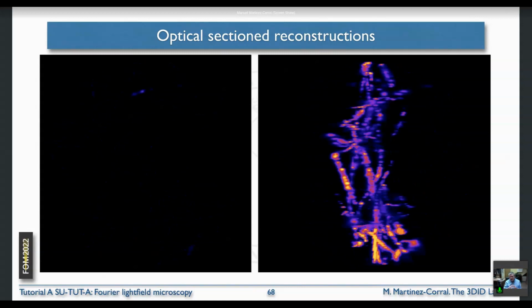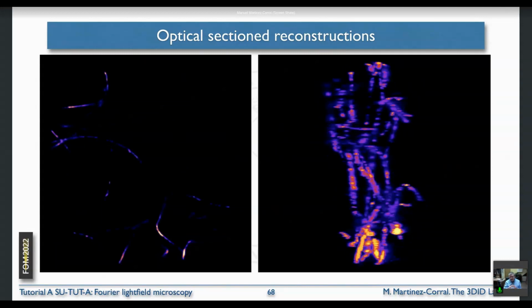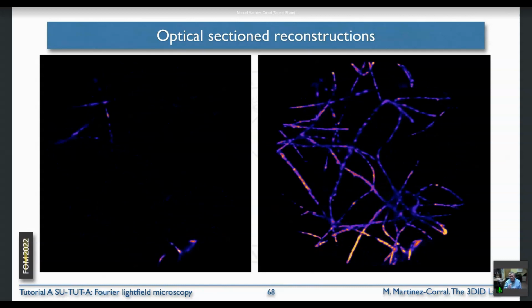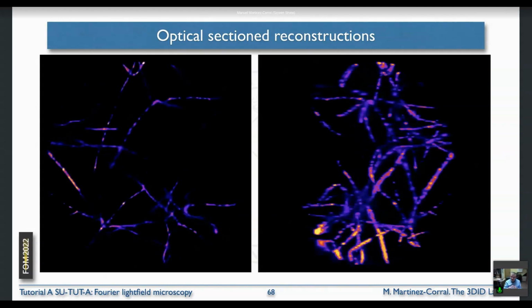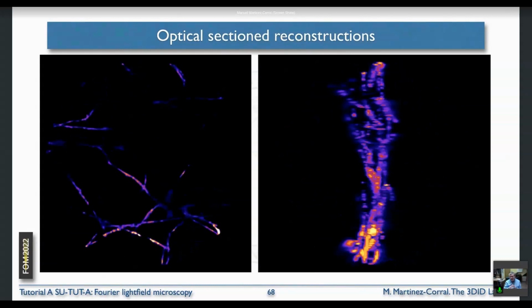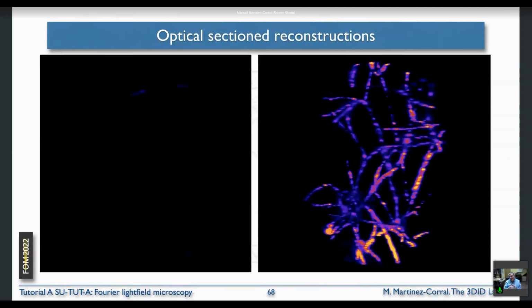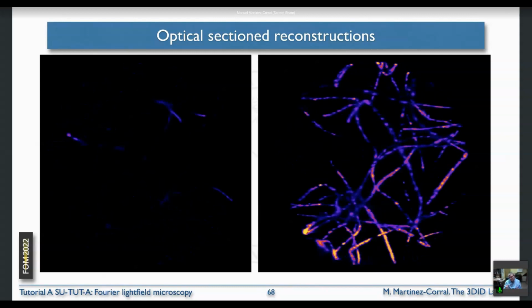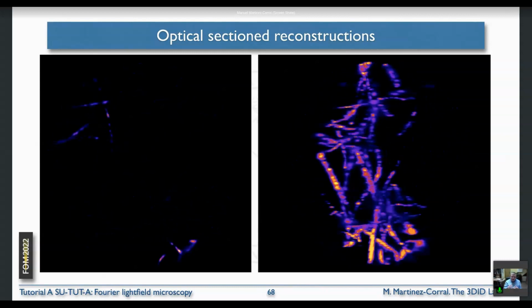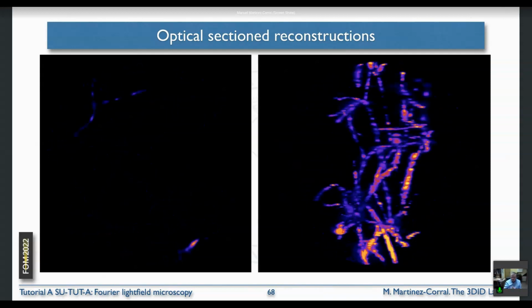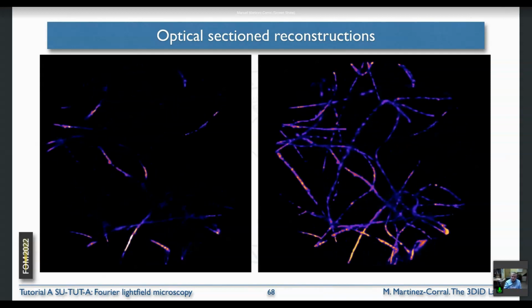These images are the results of using a 3D deconvolution algorithm applied to the 3D stack obtained after the shift and sum. So, a lot of 3D information. Deconvolution needs more time, but you can capture in real time.